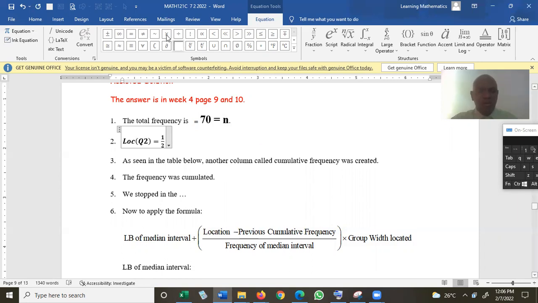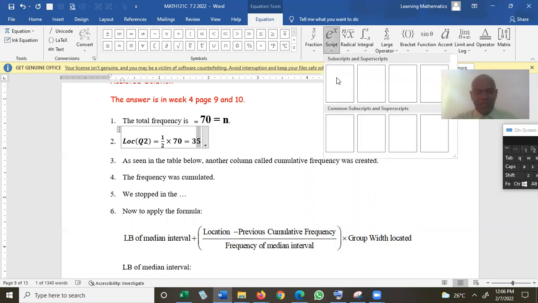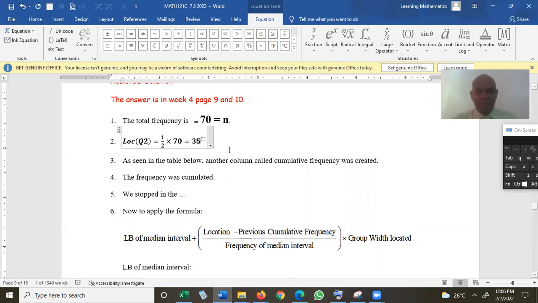If you put the +1, it's okay, but you are allowed to drop it. So in my case, we're looking for the 35th value, a half times 70. Now, the third step is to see where the 35th value is located. So you have to go to the data now.